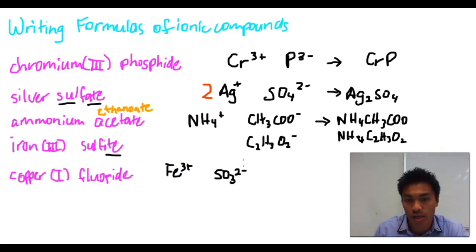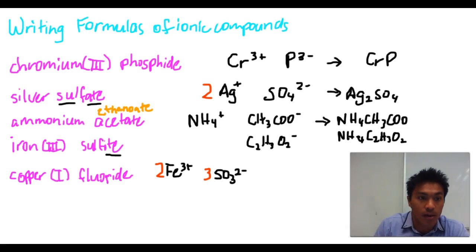And here, when you have charges of positive 3 and negative 2, or vice versa, the best way is to multiply those charges by each other. So if you multiply iron by 2, and you multiply the sulfite by 3, you're going to balance out the charge, because positive 3 times 2 is positive 6, and 3 times negative 2 is negative 6, so that becomes a neutral compound.